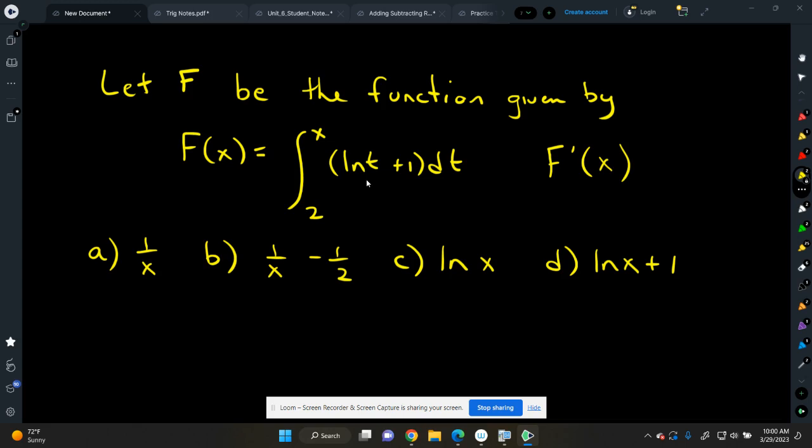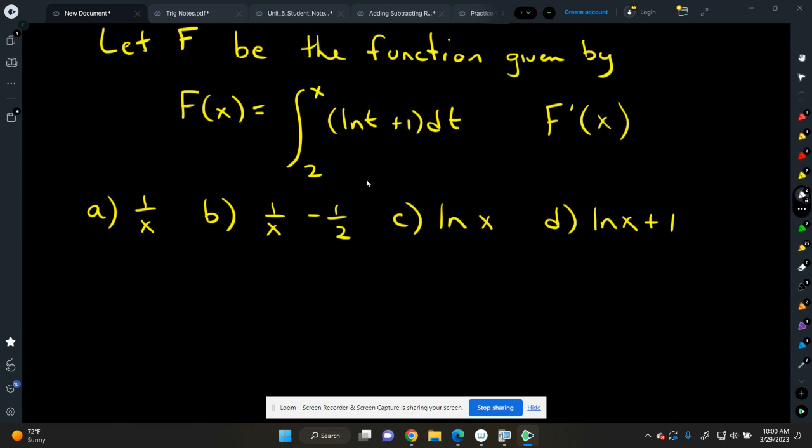Anybody know? Ben, I'm going to take a stab and say D, because it looks like the function inside. Okay. Capital F or lowercase f?